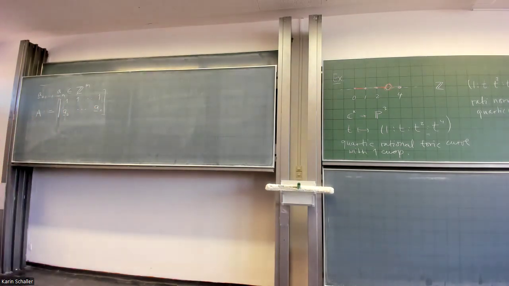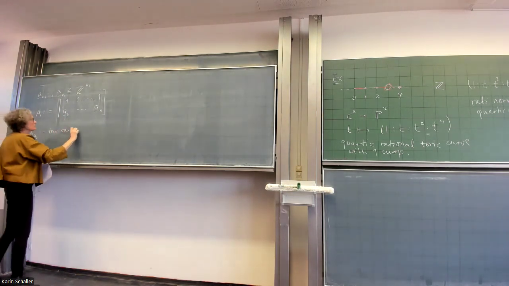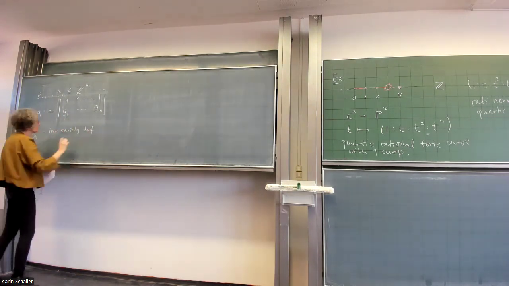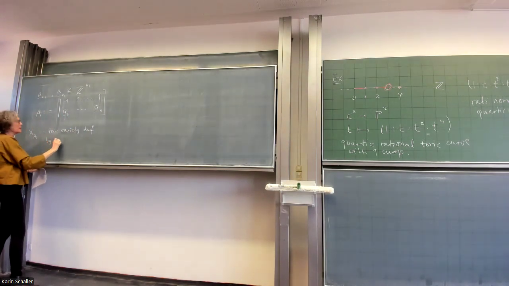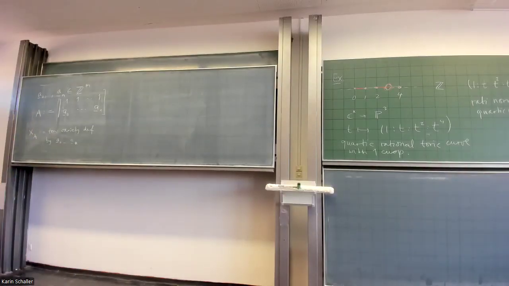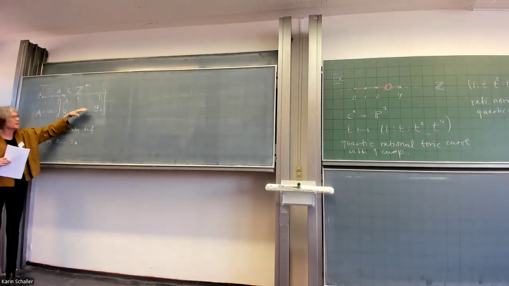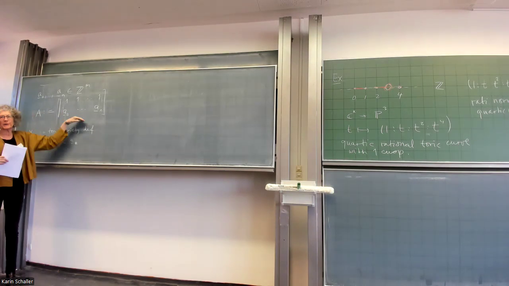I'll denote by XA the toric variety defined by these lattice points, just as I did before. So I can go from lattice points to an integer matrix, and I always have the ones in the first row, and then just lattice points.